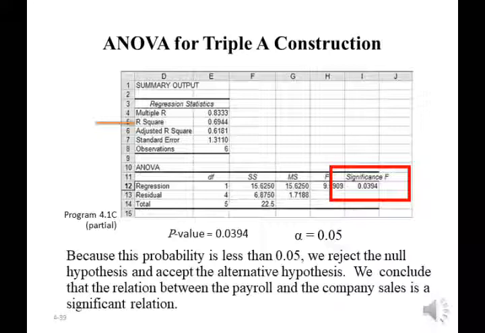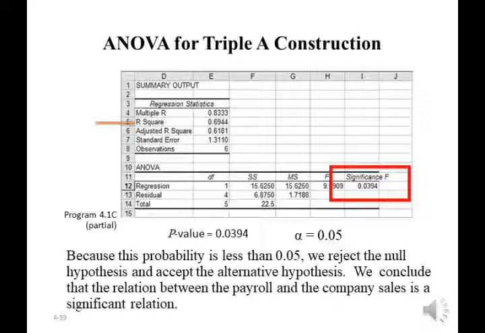Comparing these two values, you will find that the p-value is smaller than alpha, which means that we will be rejecting the null hypothesis, in other words, accepting the alternative one. The alternative one says that beta 1 is not equal to 0, which means that there is a linear relationship between x and y, or in other words, the regression line or the relation is significant.